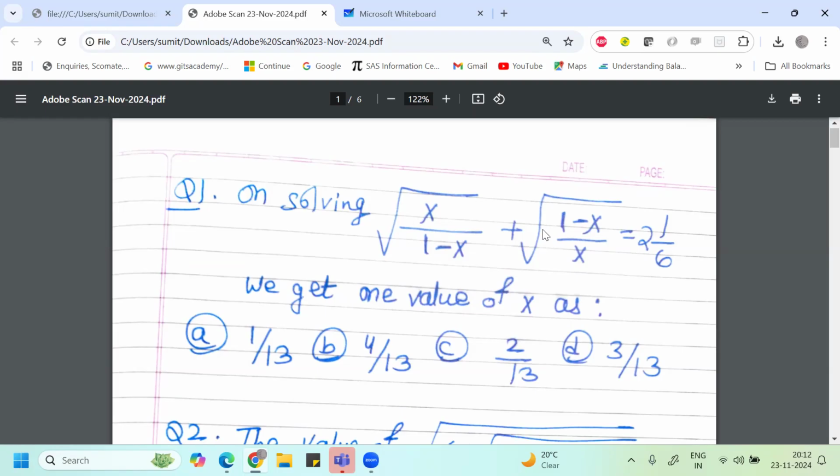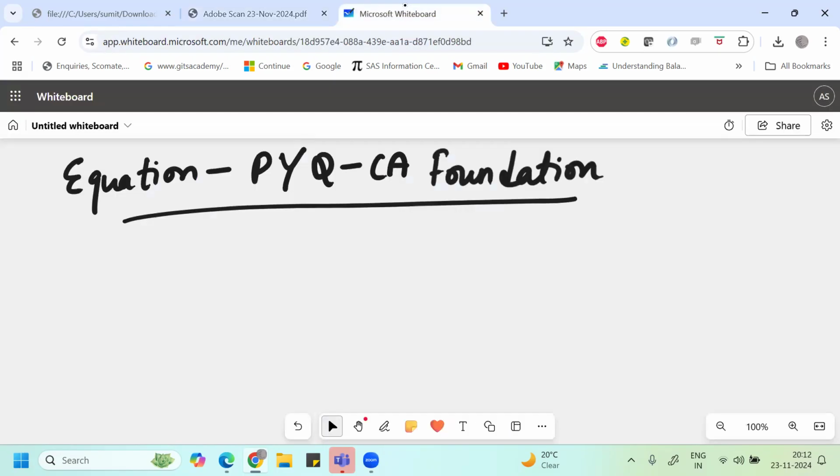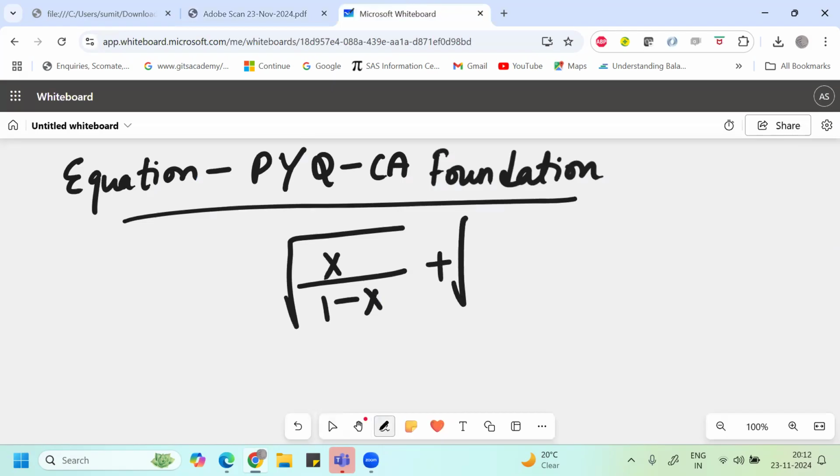Imagine I tell you that you cannot solve this question by option. You have to solve by solving only. No way of using options. Tell me the approach. What approach will you use to get the answer for this question?